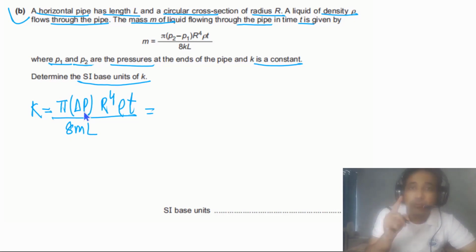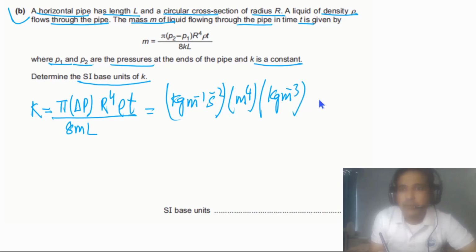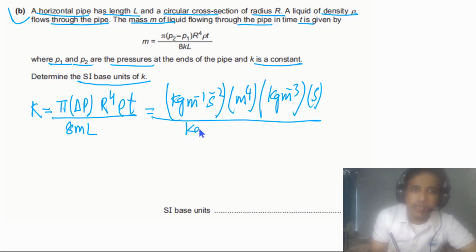For delta P, we have already determined the SI base units for P: kg per meter per second squared. R is a radius, and the SI base unit for radius is meter, to the power of 4. For density, the SI base units are kg per cubic meter, and for time we have seconds. For mass m, the SI base unit is kg, and for length the SI base unit is meter. Now we just need to simplify.